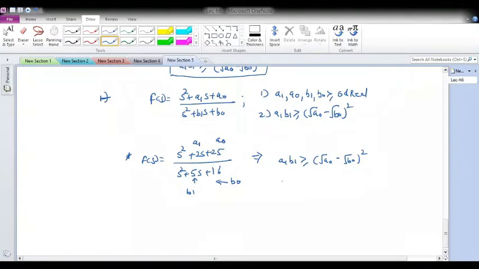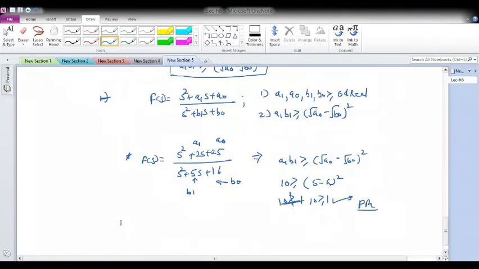So what is a1 b1? It will be 2 into 5, which is 10, is greater than or equal to root a naught, so 5, minus root b naught, 4, is 1, so it is greater than or equal to 1. No, this is not satisfied. Yeah, this is satisfied, sorry. The 10 is greater than or equal to 1. Satisfied. That's why it is PR.